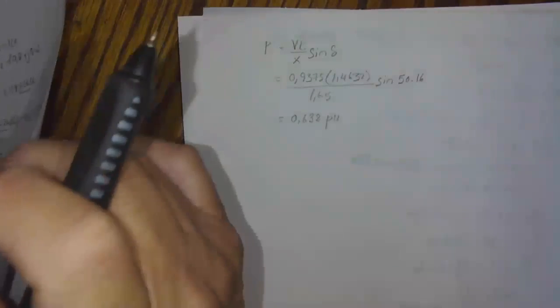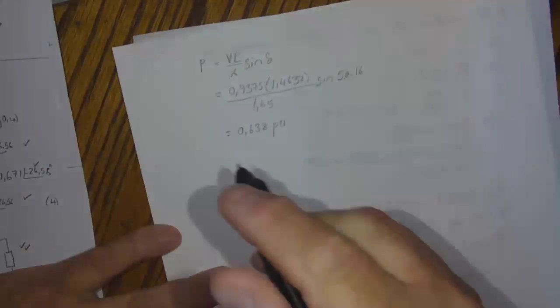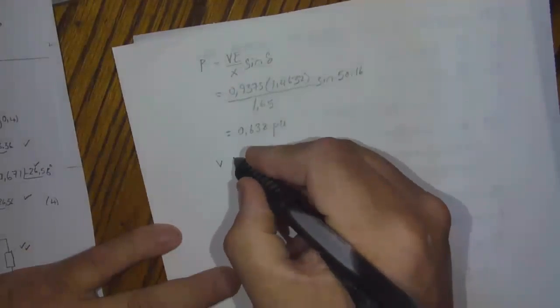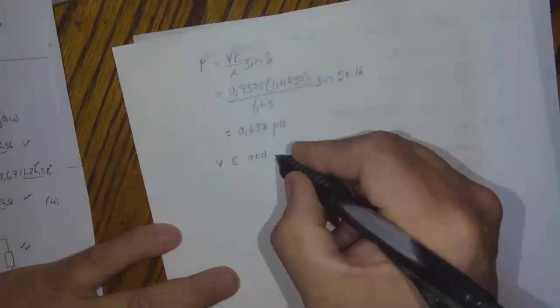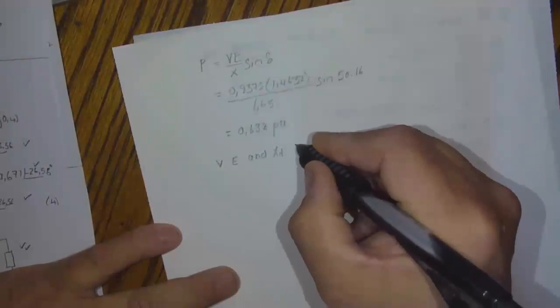Then question 4. What is the maximum reactive power that the machine can deliver if the level of excitation is maintained as in 1.1 and 1.3? So that means V, E, and XD are fixed.